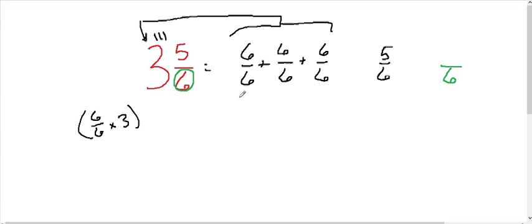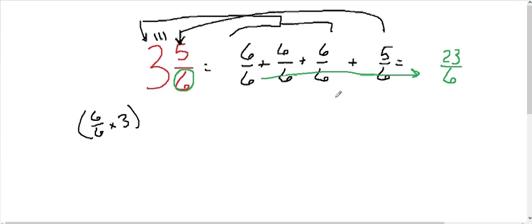So that's the same as the 3, and we already covered this here, add it all together, and it's going to give us our improper fraction version of the same value, 3 and 5/6. So add 6 to 6 to 6 to 5, and you get, I think, you can check me, 23. And we keep the sixths when we add, right? Denominator stays the same.